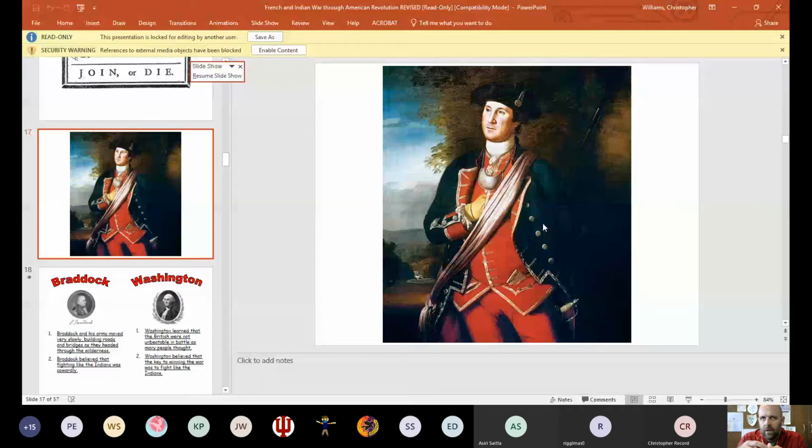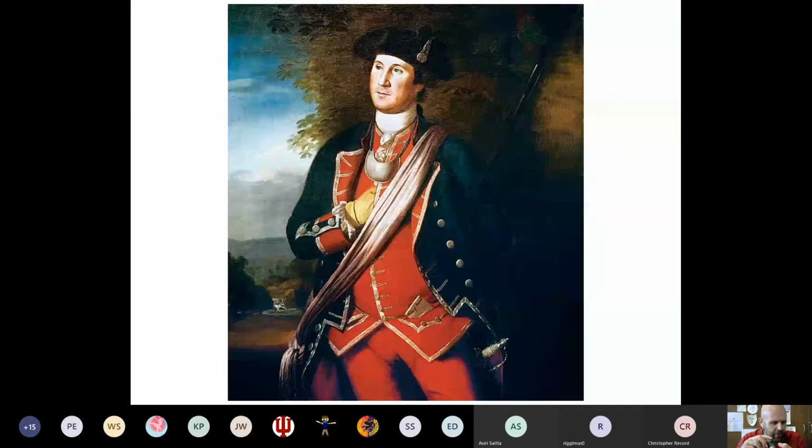This is before the arguments or even discussion of independence, and we have Washington here appearing in a British military uniform, serving for the militia in Virginia. And again, he will become the Major General of the Continental Army that leads the fight during the War for Independence.